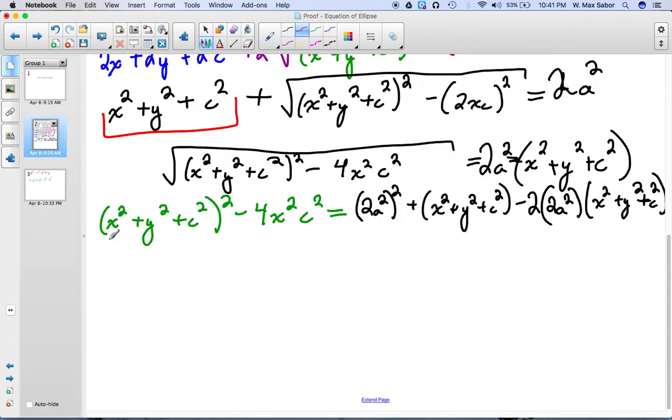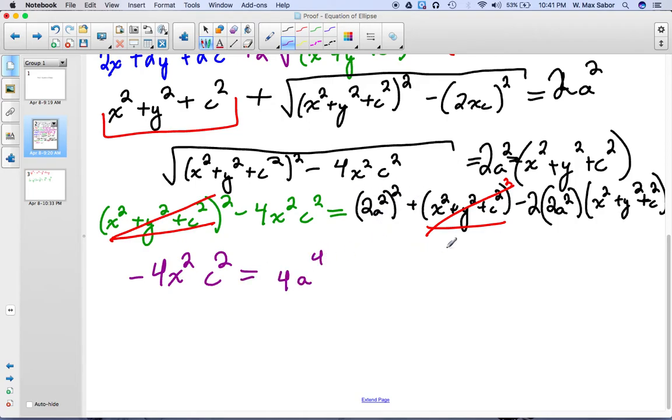I see that both sides of the equation have these, an (x squared plus y squared plus c squared) squared. So those get canceled out, and we're left with negative 4x squared c squared equals, let's multiply this out, 4a to the 4th minus 4a squared times x squared plus y squared plus c squared.